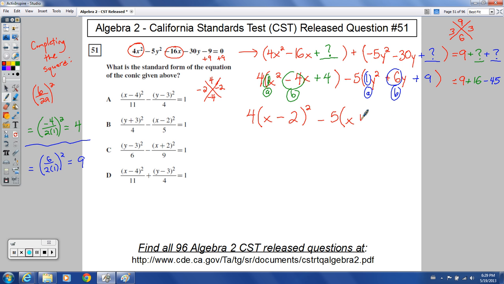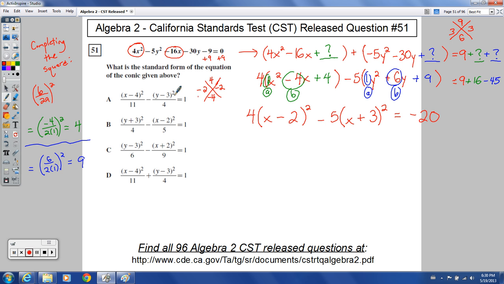That's another way to think about what that value should be. So this would be x plus 3 times itself, or in other words, x plus 3 squared. So this is all going to equal, you'll have 9 plus 16 is 25, and 25 minus 45, that's going to be negative 20.